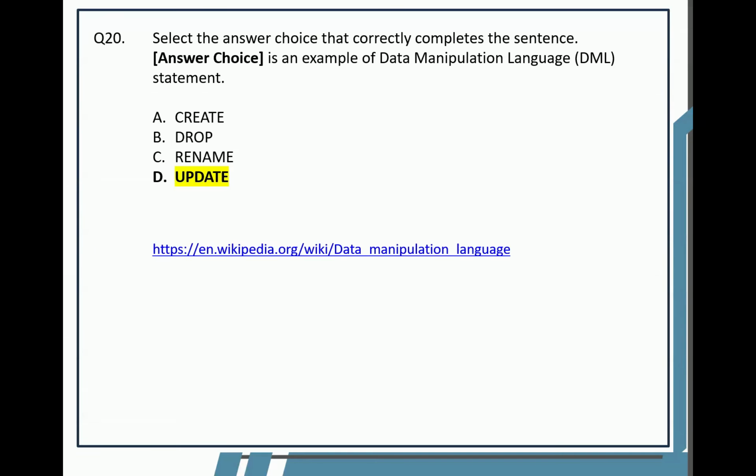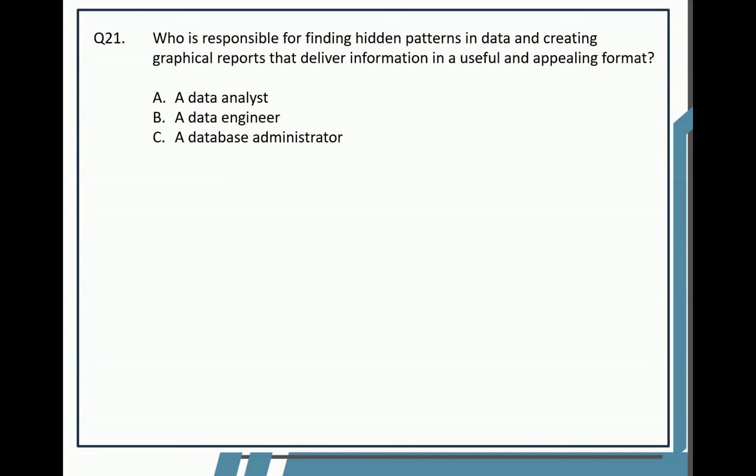Now, the statement for question 21 is: who is responsible for finding hidden patterns in data and creating graphical reports that deliver information in a useful and appealing format? Your options are a data analyst, a data engineer, a database administrator. Now, friends, a data analyst explores and analyzes data to identify trends and patterns.